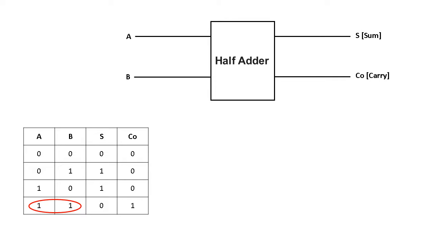You can observe in the first row A and B both were 0, and we have achieved a low output as 0, and in the last row you can see both the inputs were high, 1 and 1. So 1 plus 1 we have achieved 0, so that is a low output. You can observe in the second row and the third row there are an odd number of ones.